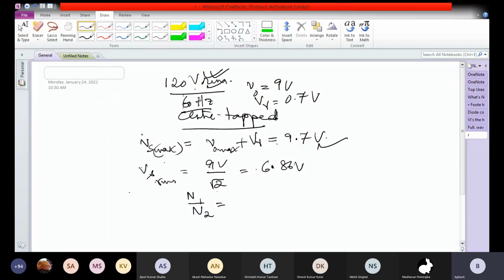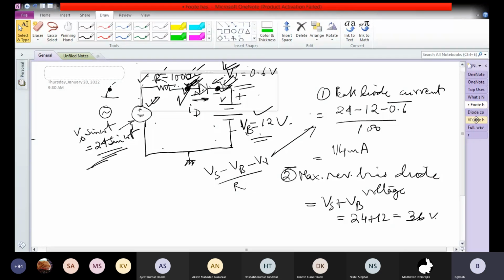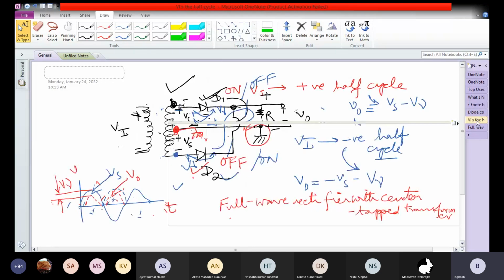From here to here is N2, and that part is N2 from here to here.